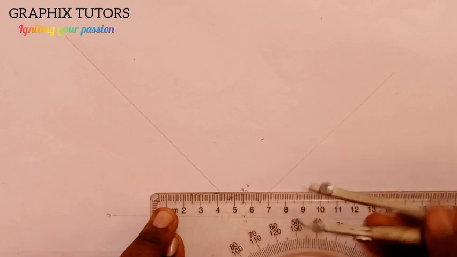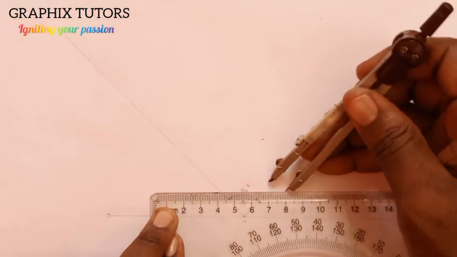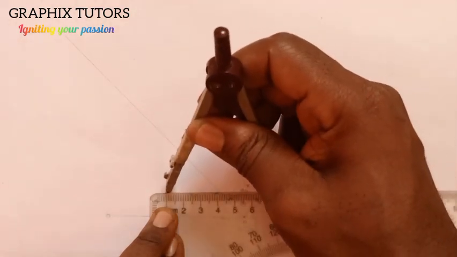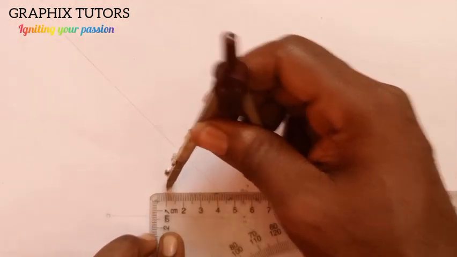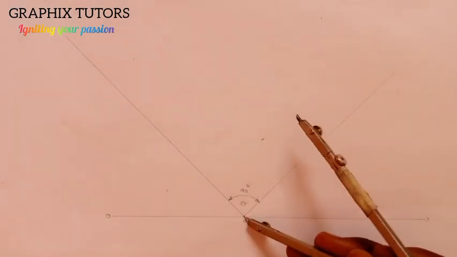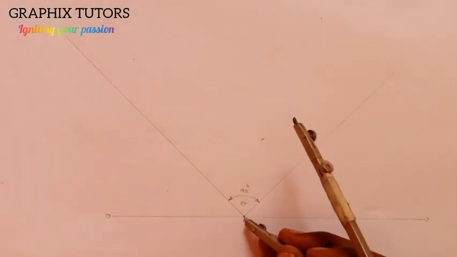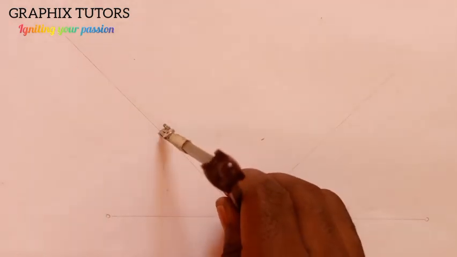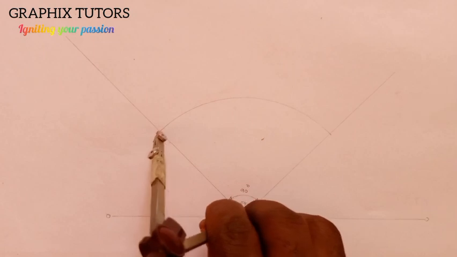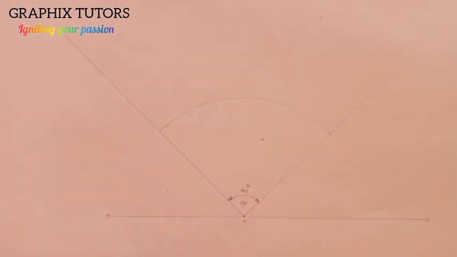I'll stop at 9, and that will complete the 80. I'm going to place it on this point here, point O, and draw a faint line this way, from the beginning of the line to the ending of the line here.